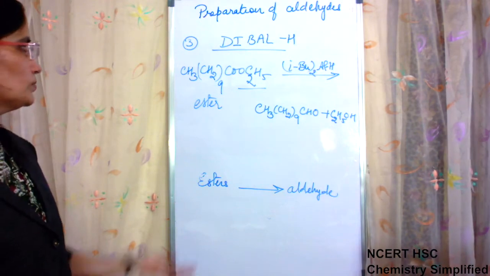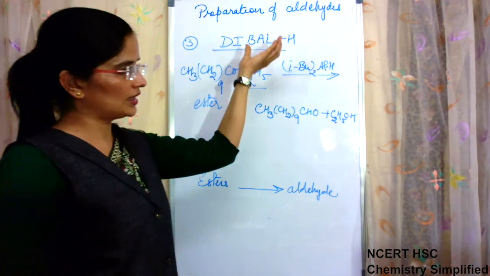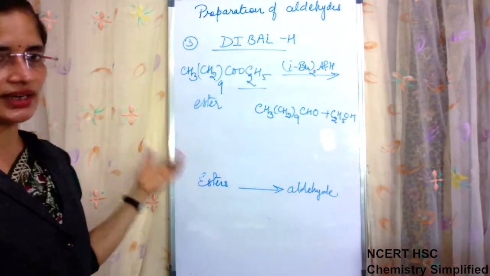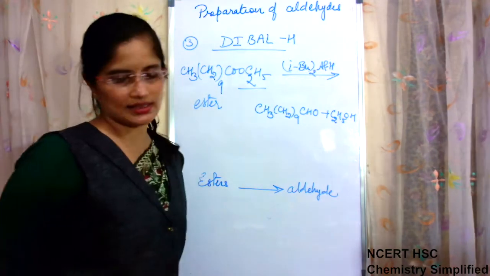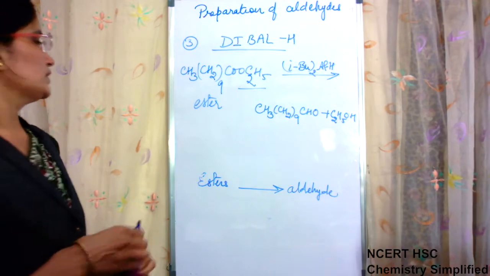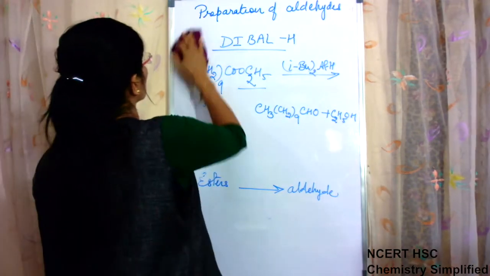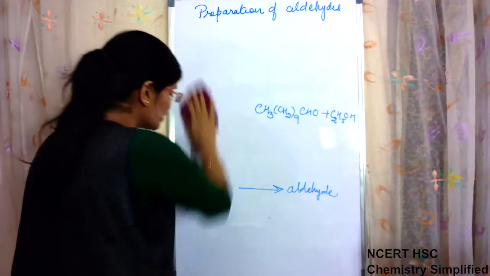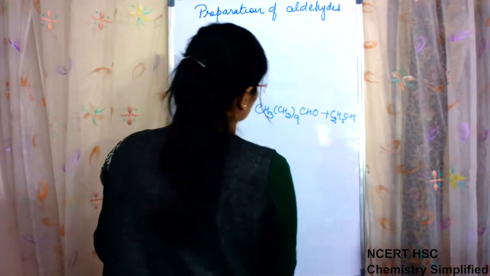So this reagent can be used to prepare aldehydes either by using nitriles or by using esters. So this is the third method in which reduction is taking place.